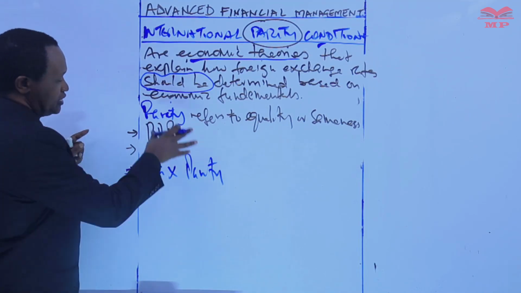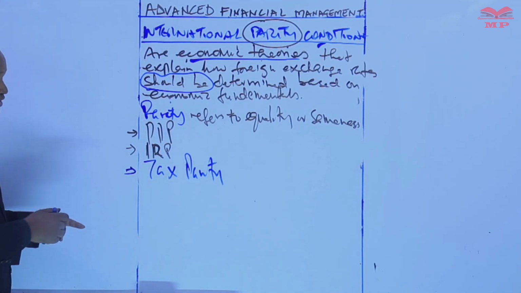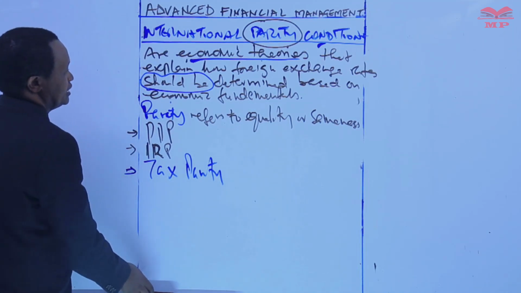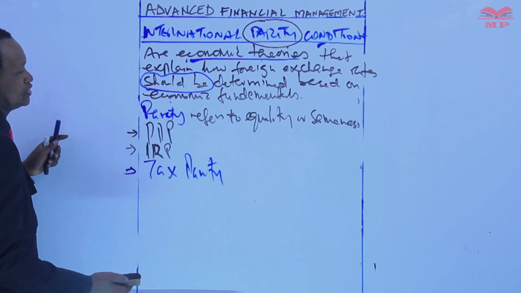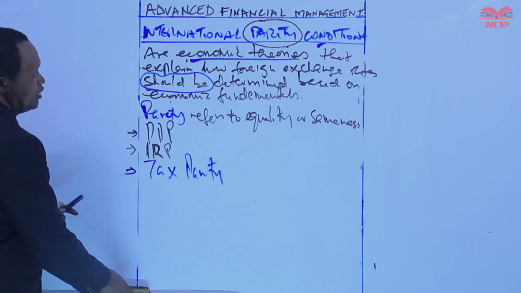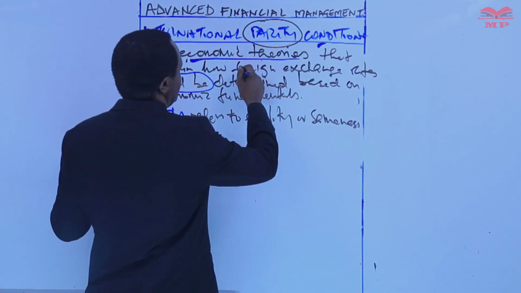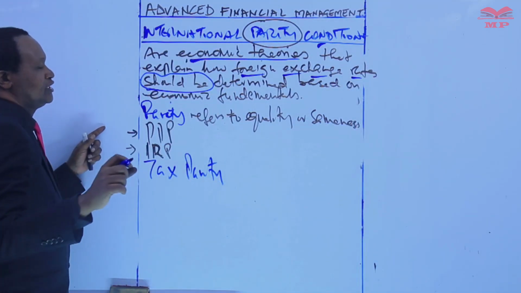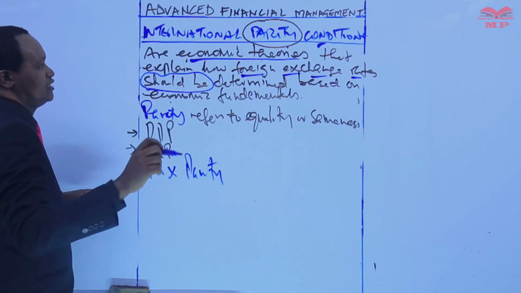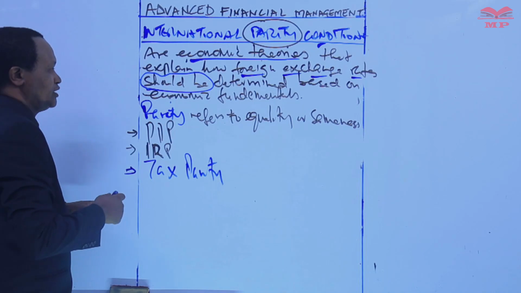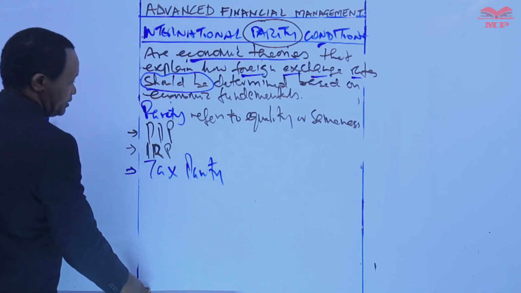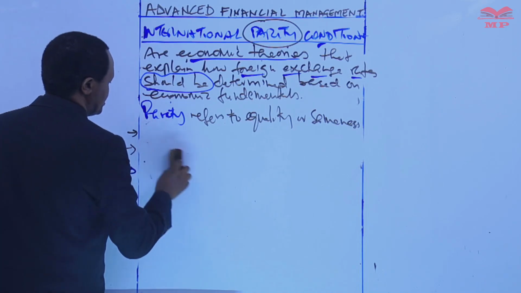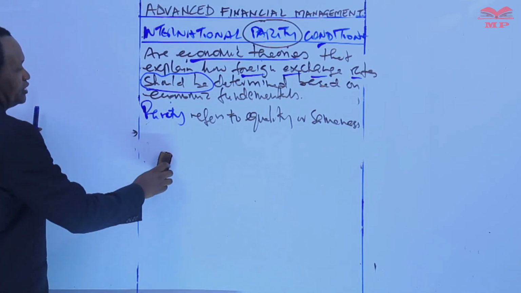So I'm giving these examples, candidates, to help you understand, first of all, the concept. International parity conditions are theories that explain how foreign exchange rates should be determined based on economic fundamentals. These are related to just foreign exchange rates. We understand, like the forces of demand and supply and all that.